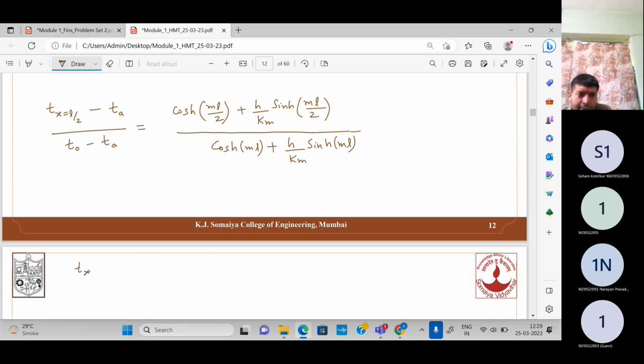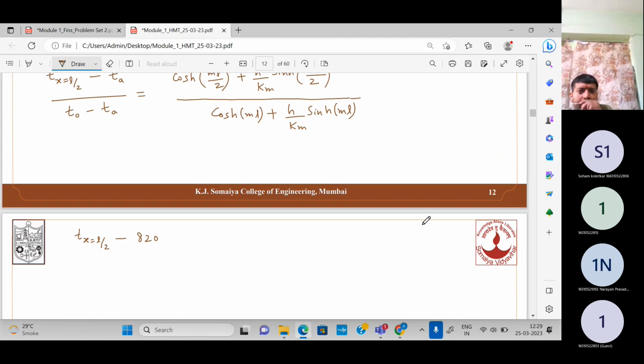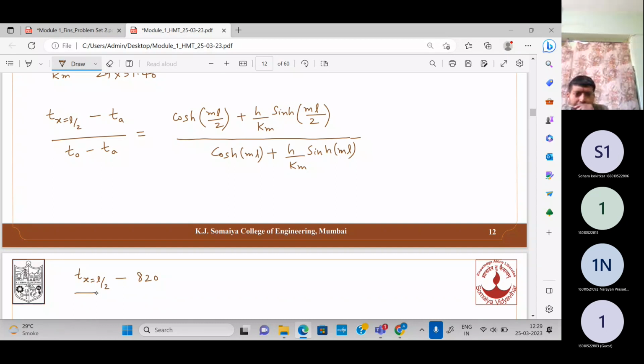Temperature at x is equal to L by 2, that is at mid plane, that we have to determine. TA value, it is 820. T naught, how much is ours? T naught is 480.